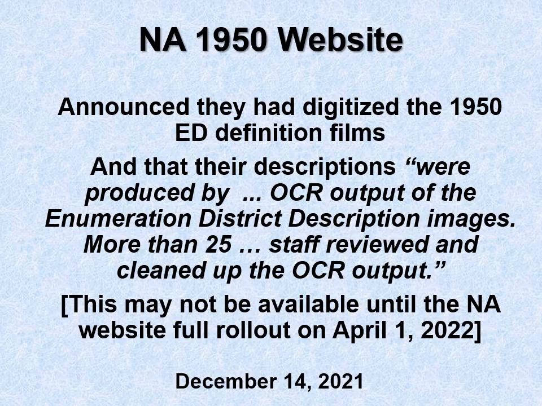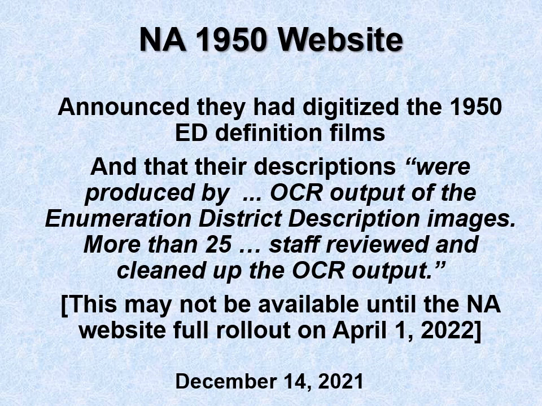In addition to that, the announcement from the National Archive on December 14th indicated that they also had digitized the 1950 ED definition films, did not put them online, and that their descriptions were produced by optical character recognition, OCR output, of the ED description images, and then more than 25 of their staff reviewed and cleaned them up.